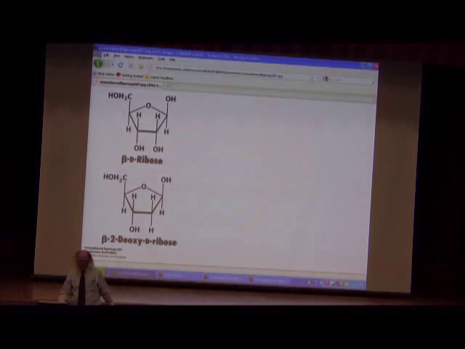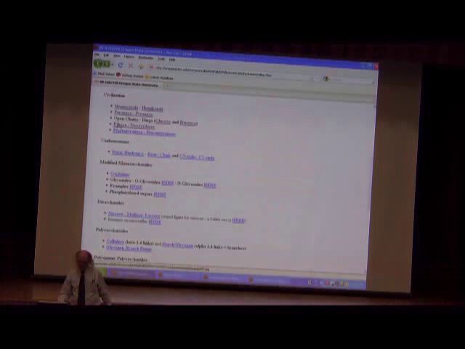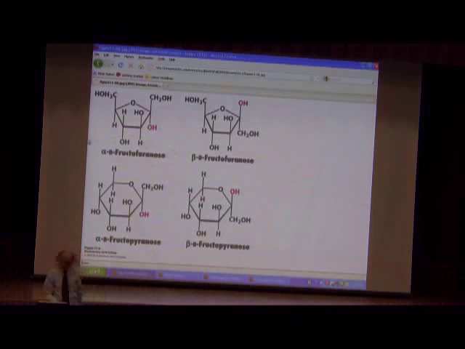There's a bunch of gobbledygook here. This is simply showing you that you're not responsible for these structures. It's just showing you what I told you a second ago. You can see, for example, fructose in a 6-membered ring structure. It's not very common. That's not important to us. What matters is these two forms: there's the alpha, there's the beta.